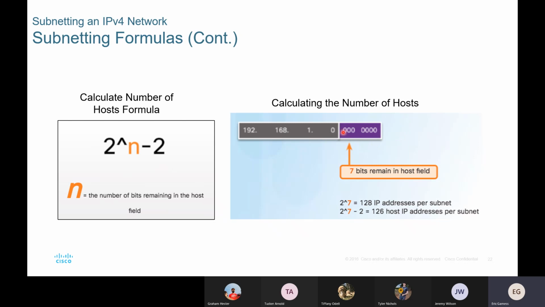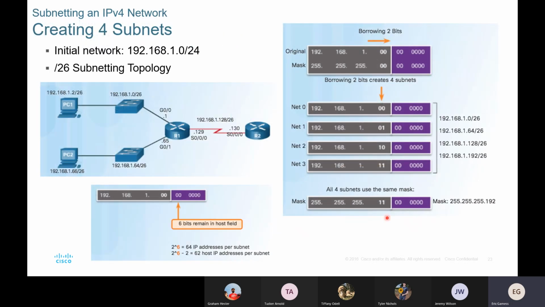So for example, here, if you have 7 bits for the host part, how many valid IP addresses can you create? It will be 2 to the 7 minus 2. And 2 to the 7 is 128. 128 minus 2 is 126. So in the network or the subnetwork, you will have 126 valid IP addresses, or host IP addresses, or usable IP addresses. Those are terms that are exactly the same.